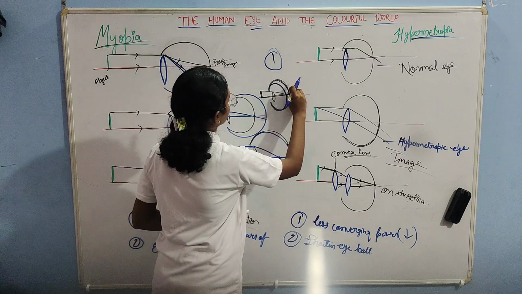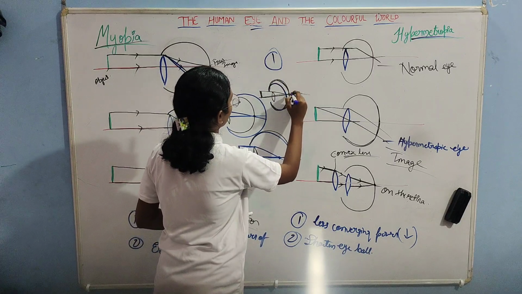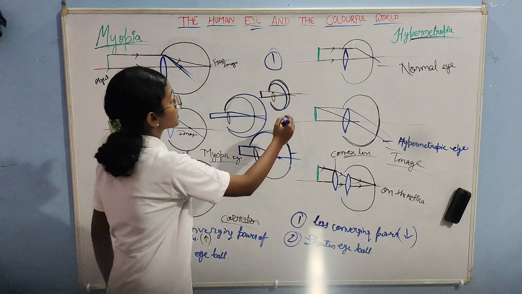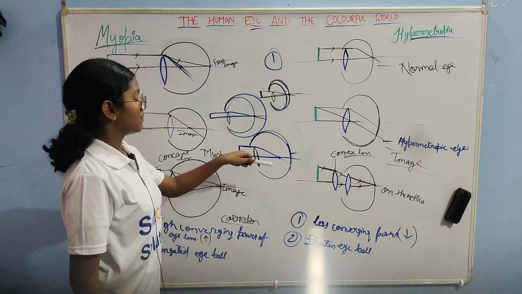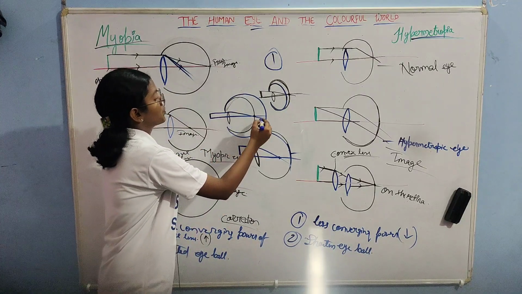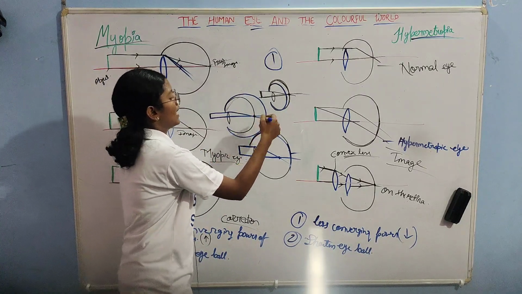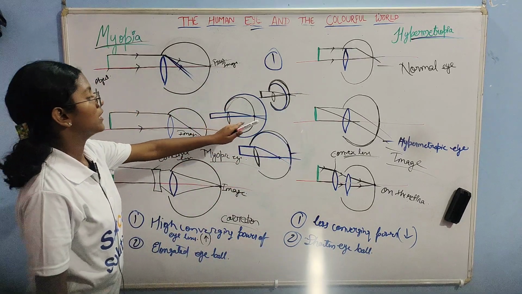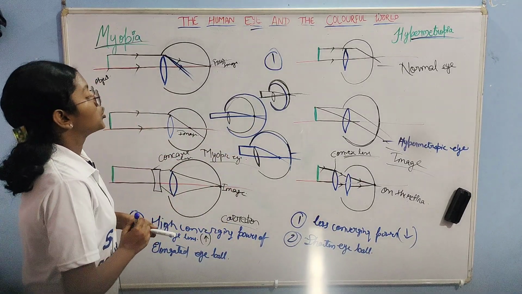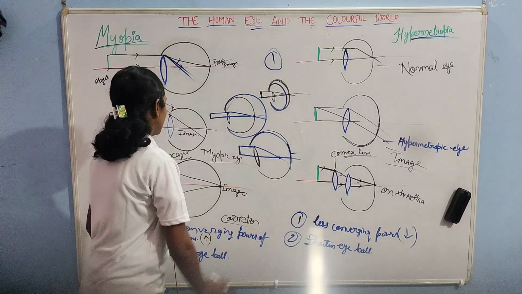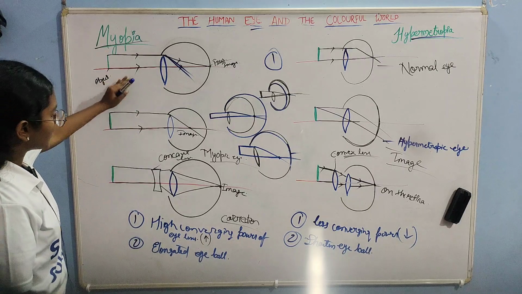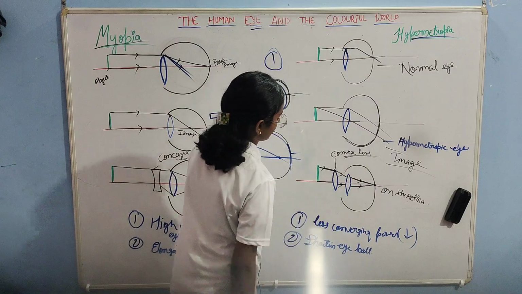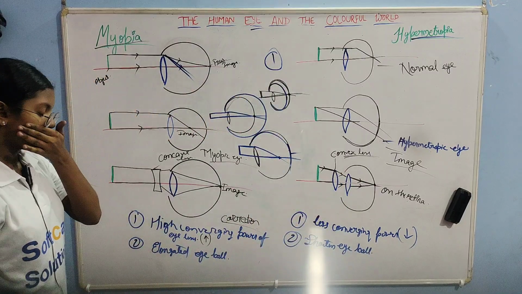Then the meeting point of these two rays will be after the retina. That is also the reason why the near object becomes blurred to our eye. It means that if the rays meet before the retina or after the retina, then the image of that particular object becomes blurred to our eye. So to make them intersect on the retina only, in the first case, myopia, we use a concave lens, and in the second case we use a convex lens of appropriate power.